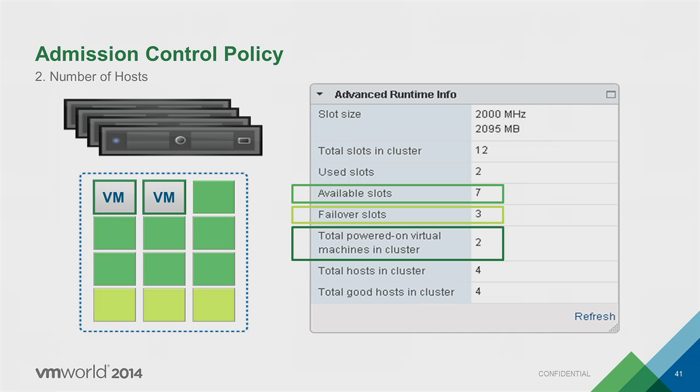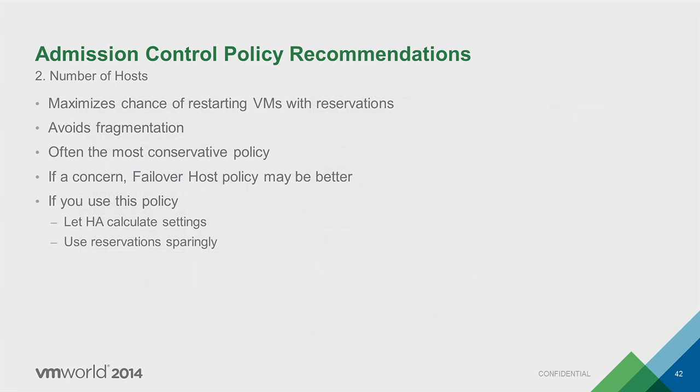In this example, you have a 4-host cluster, and you have 12 slots. If you have selected a single host failure scenario, three slots will be dedicated as failover slots, which means you have only 9 slots available to power on VMs. If you're trying to power on more than 9 VMs, then admission control will not let you.